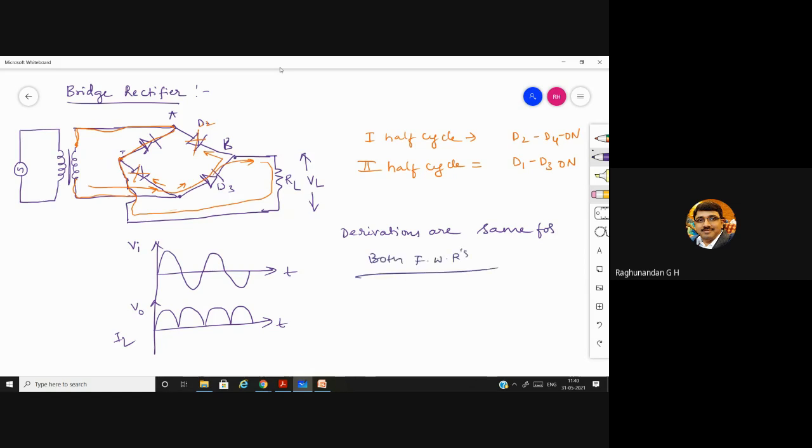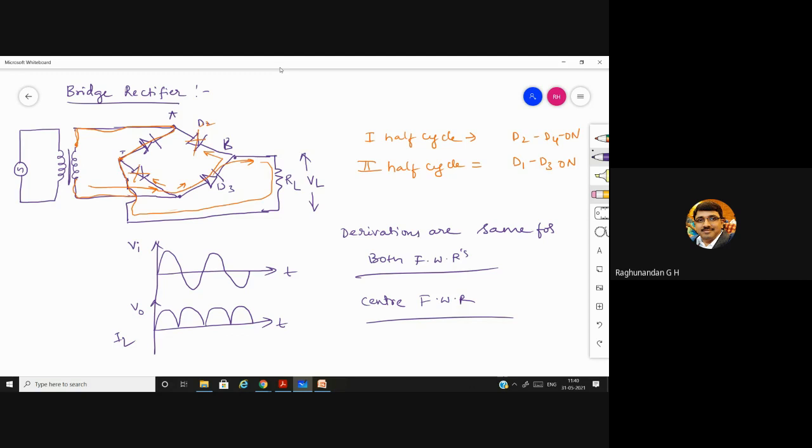Please remember this. If they ask you to find the IDC, IRMS, efficiency, ripple factor of a bridge rectifier, you need to write the derivations of the center tap full wave rectifier, which we just did.